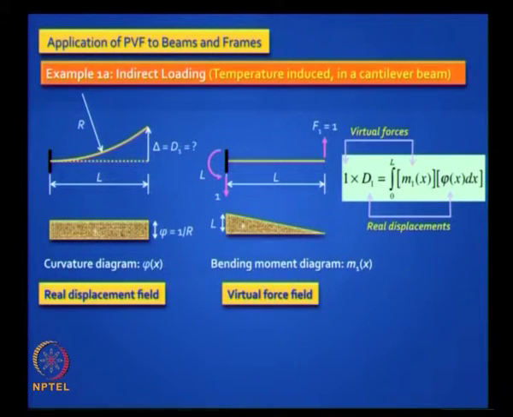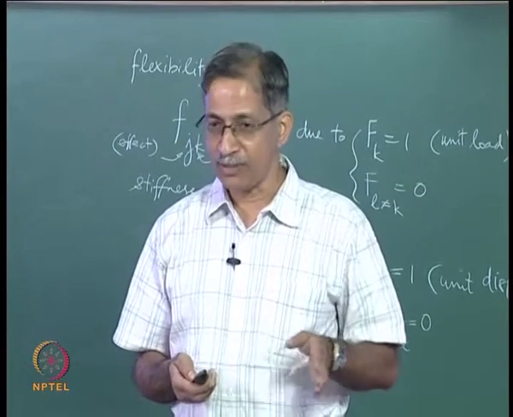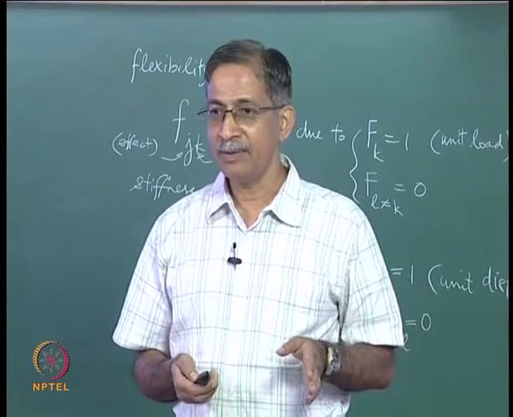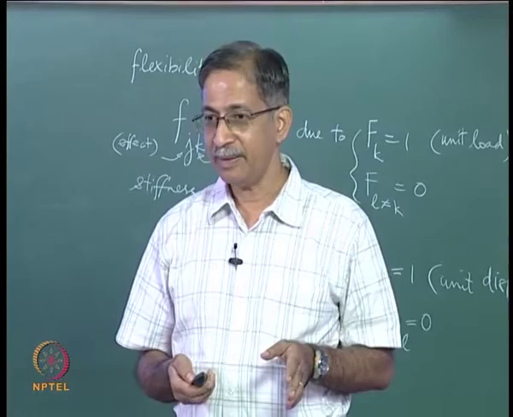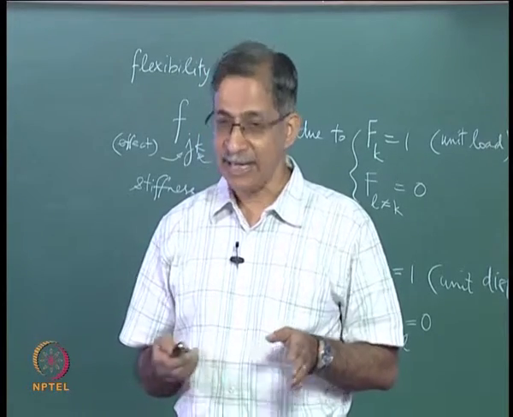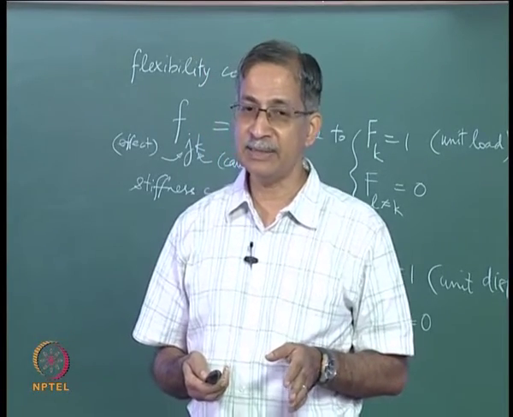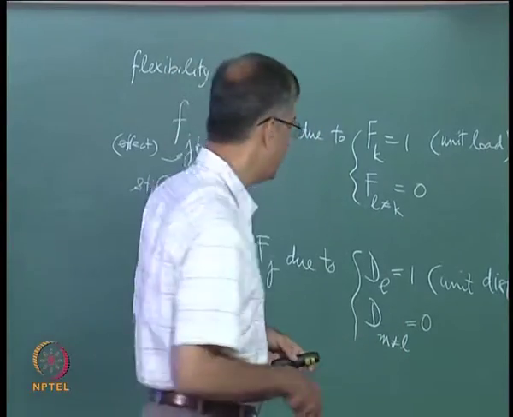The external virtual work is straightforward, 1 into d_j. The internal virtual work is a product of moment times rotation, but since the moment is changing from point to point, you need to integrate and you have to find the change in rotation.